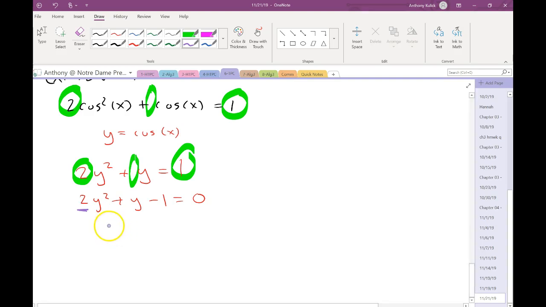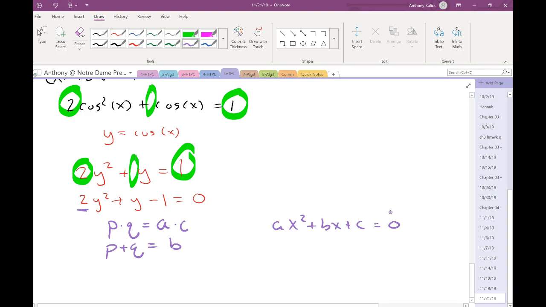So what we're going to need is two numbers, I'm going to call them P and Q, that multiply to give me A times C, and also add to give me B. By A, B, and C, I mean the coefficients from a standard form quadratic, ax squared plus bx plus c.